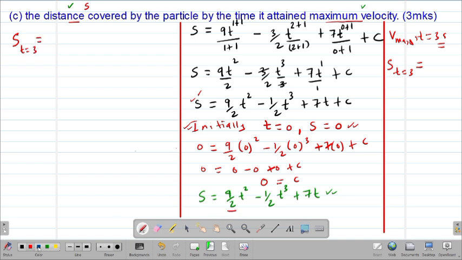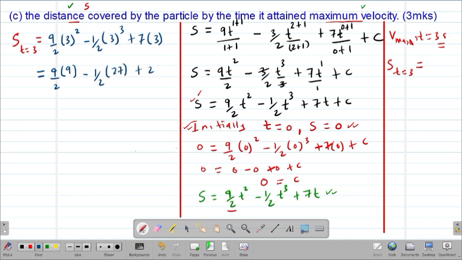9/2 t squared. So this is 9/2, then our t, of course, is now 3 squared. Then minus a half into our t, which is 3 cubed. Then plus 7 into our t, which is 3. Therefore, this will be equal to 9/2 into 3 squared, that is 9, then minus a half into 3 cubed, that is 27, then plus 21.